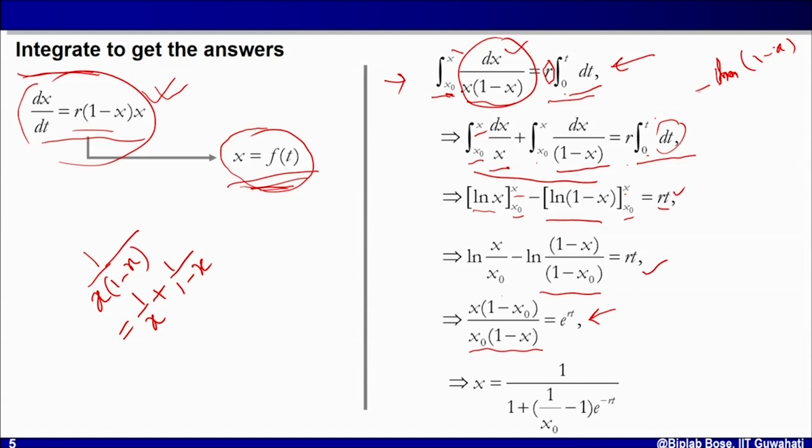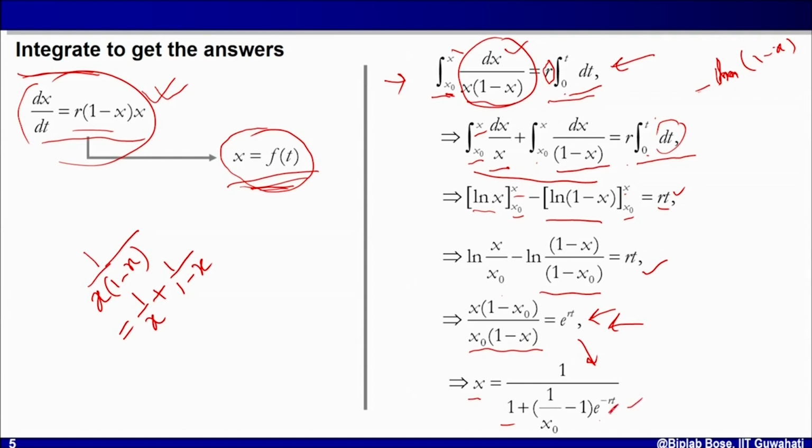So I just did an algebraic rearrangement of the whole thing here. From this I get x equal to 1 by [1 plus (1 by x naught minus 1) into e to the power minus rt]. Remember, that's what I wanted. I wanted to know x as a function of time.